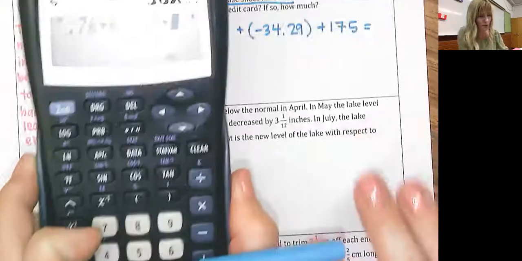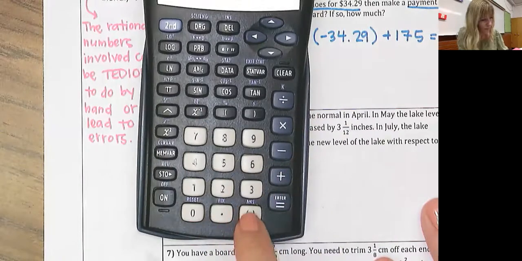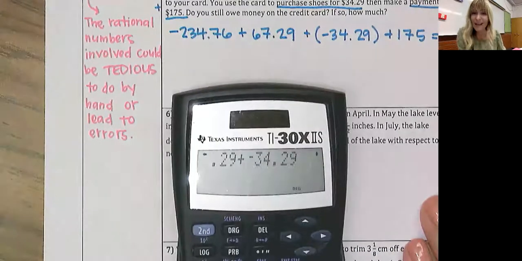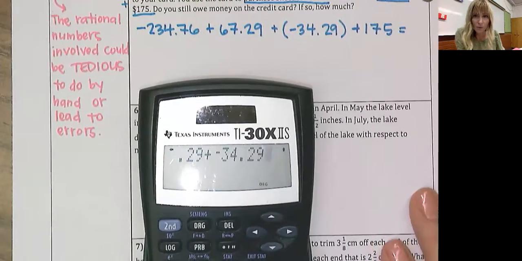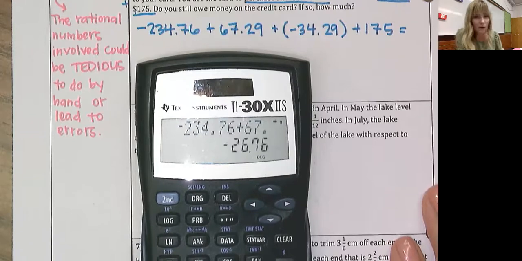So when I'm typing in this next number, negative 34.29, I'm not using the subtraction. I'm using negative 34.29. It's not a subtraction. It's a negative label. So negative 34.29 and then plus 175. You really can just type it all in like that as long as you've got your positives and negatives assigned correctly.